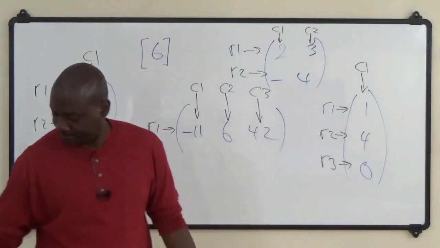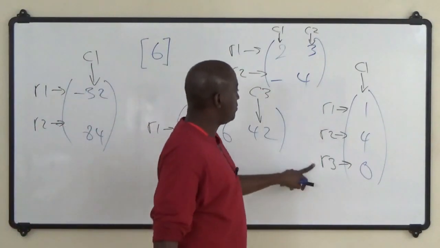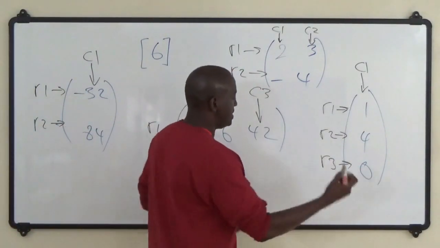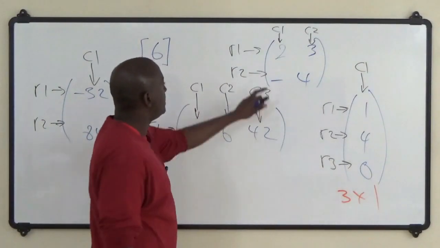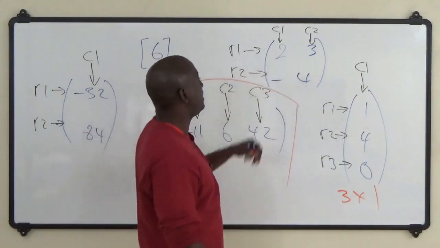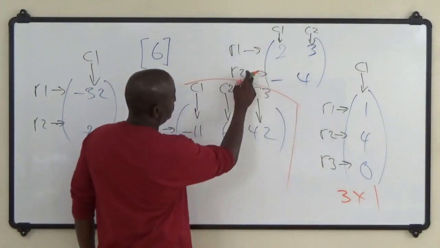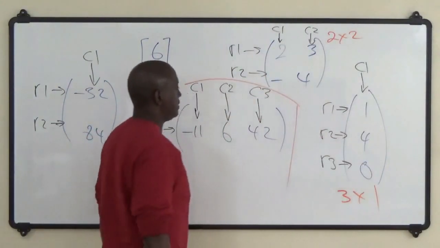So for example, in this case here, we have 1, 2, 3 rows and we have 1 column. So this is a 3 by 1 matrix. This matrix here, let me just bracket it off here, has 2 rows and 2 columns. So this is a 2 by 2 matrix.